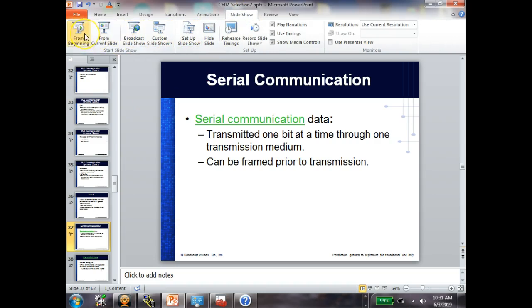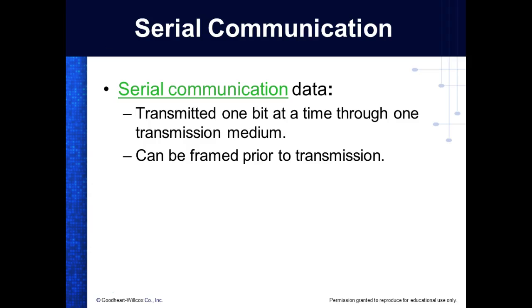What would you think the advantage of serial and parallel? It just about always boils down to what? Yeah, cost. So with parallel, we're trying to send all this information, ones and zeros.